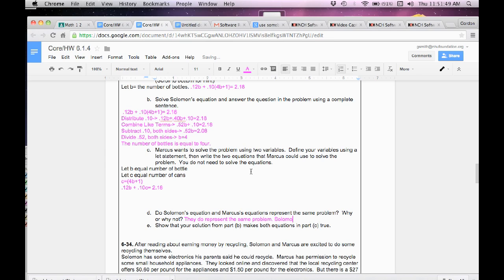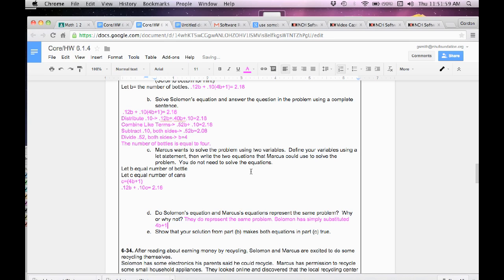Solomon has simply substituted 4B plus 1 for C in Marcus's second equation.